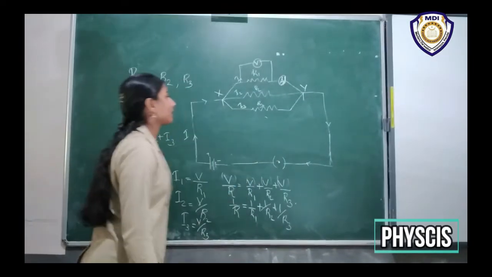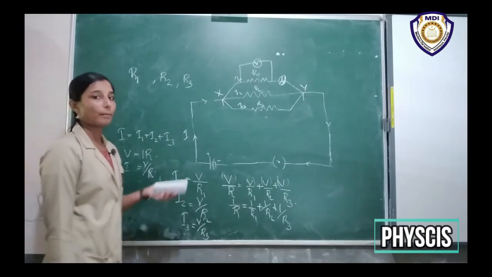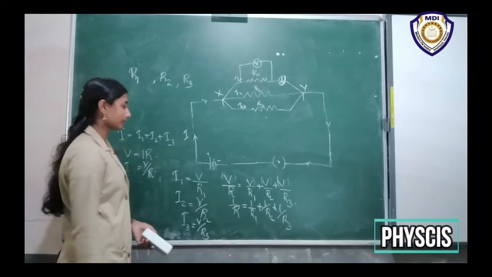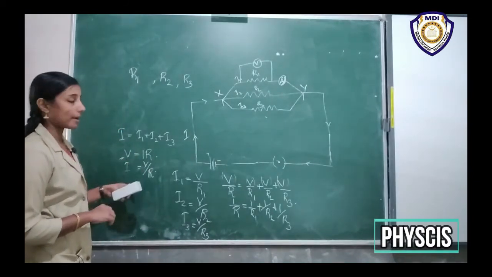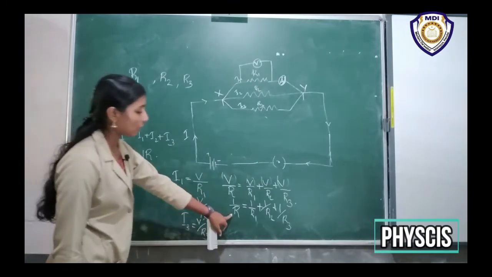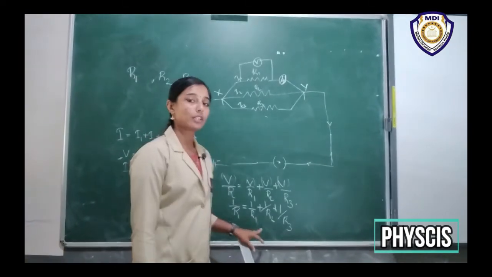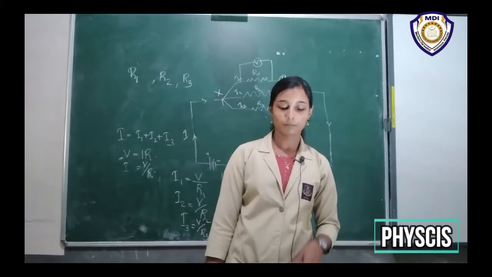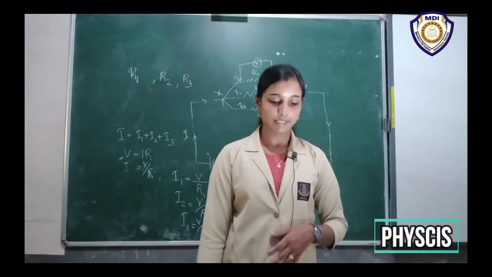That means the voltage is constant when the resistors are connected in parallel across these points. And by applying Ohm's law, we get that the reciprocal of the equivalent resistance is equal to the sum of the reciprocals of the individual resistances. That is the conclusion given by this experiment.